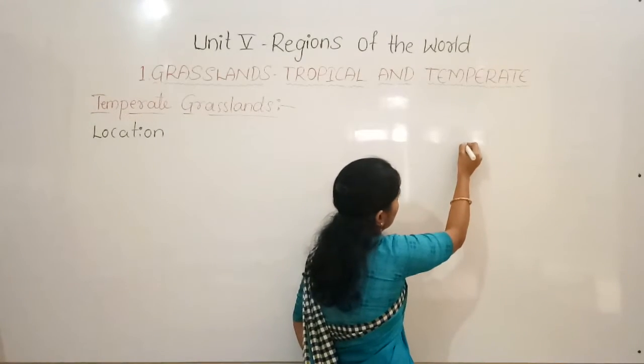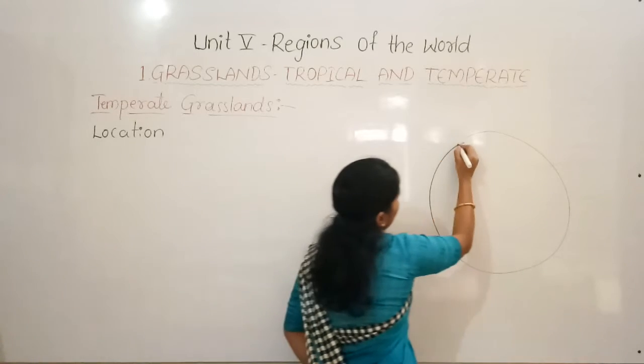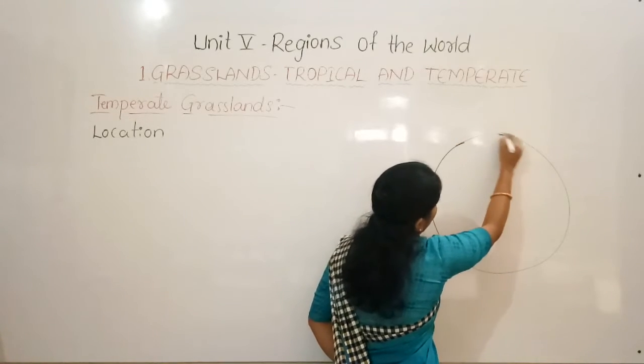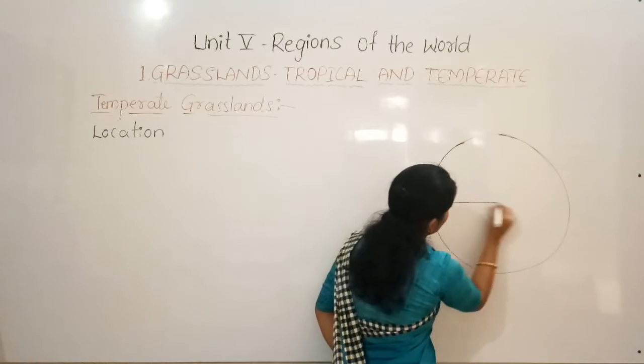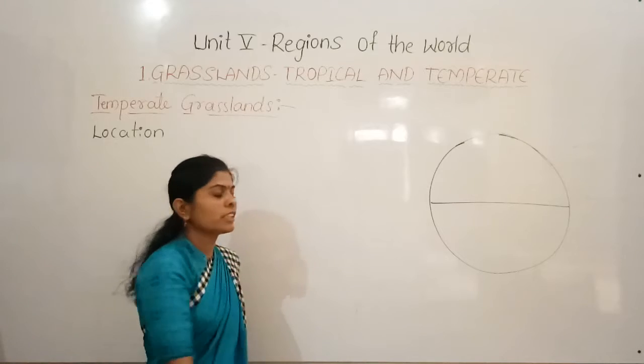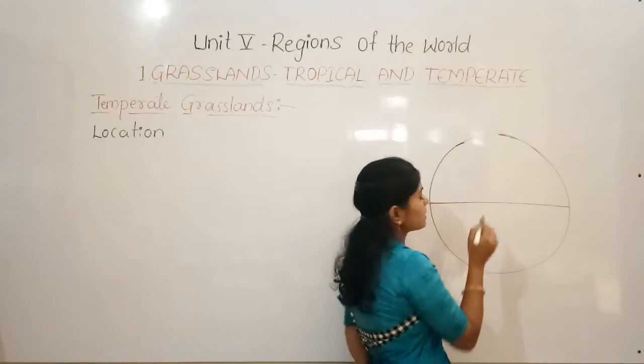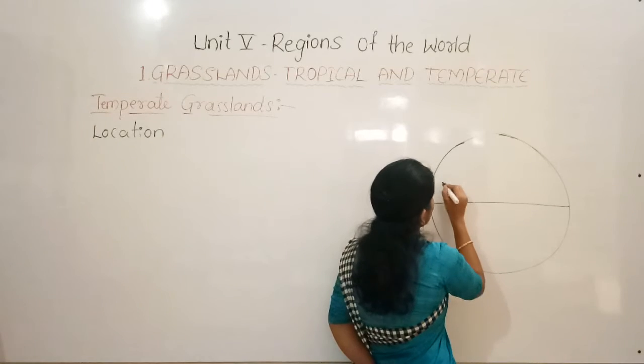See here, this is our earth, right? And this is the equator. The equator is the one which divides the earth into two equal halves, and these are called the lines of latitude.